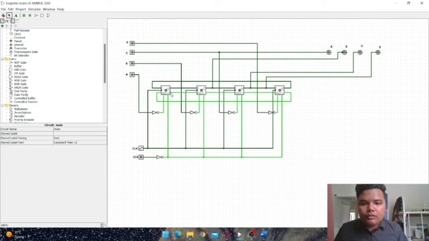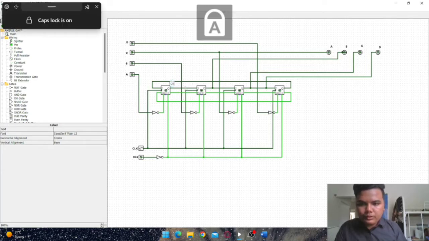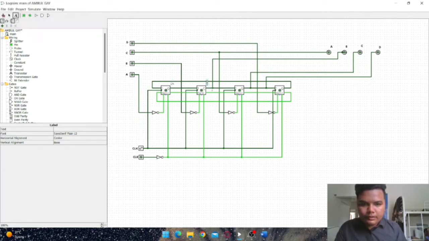And then for the JK flip-flop, you need to put the name of the JK flip-flop. Just insert it here: QA, and then QB.